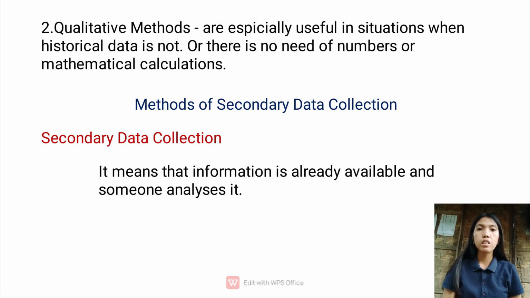Examples of published data are public records, business documents, and historical and statistical documents. Those belong with published data. And the unpublished data are letters, diaries, and unpublished biographies. Those are unpublished data.